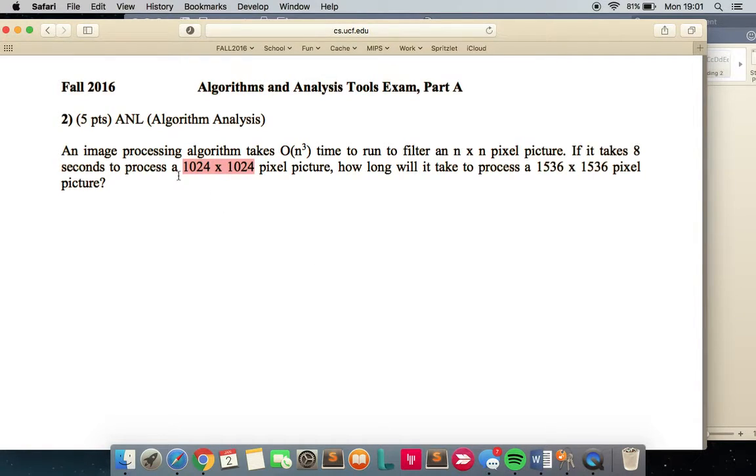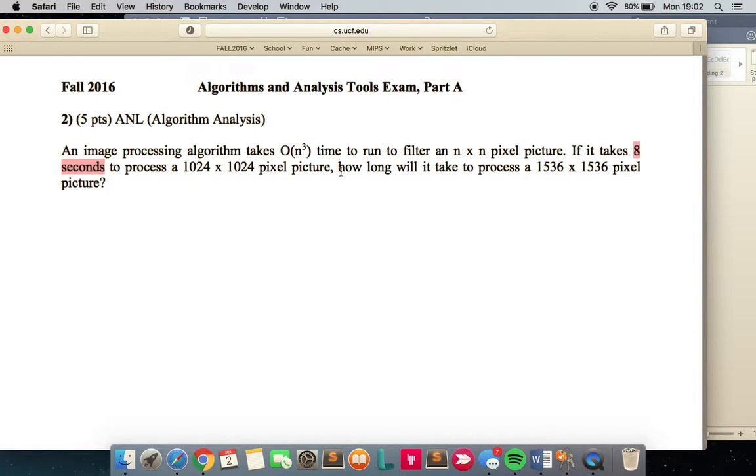In this case, our n is 1024, and the time it takes is 8 seconds to process. So again, we're given a runtime, an n for that runtime, and the time it takes for that n. Does this sound kind of cool? Because they just gave you a solved equation, essentially, okay?